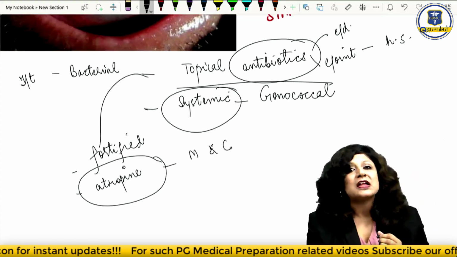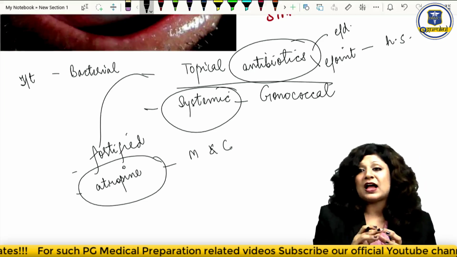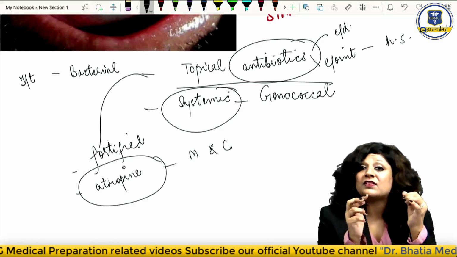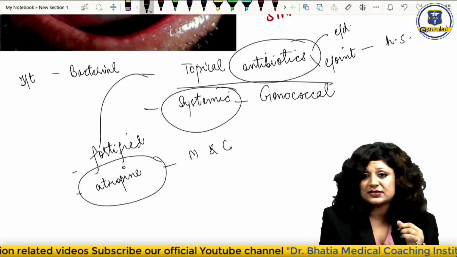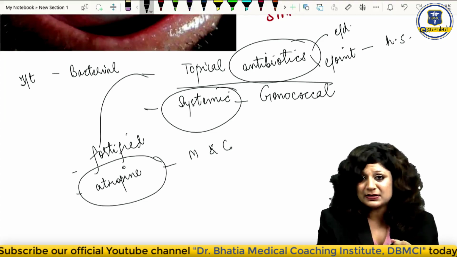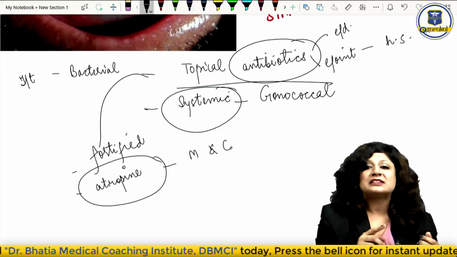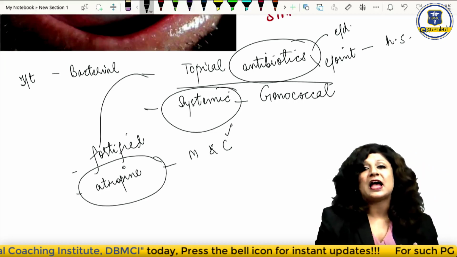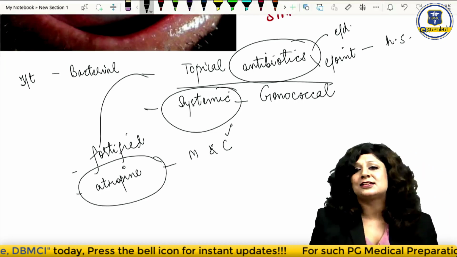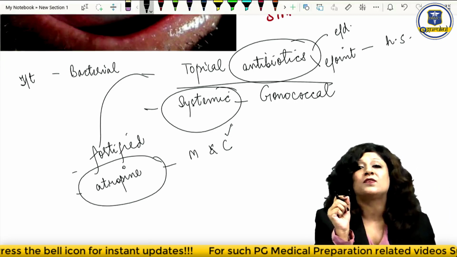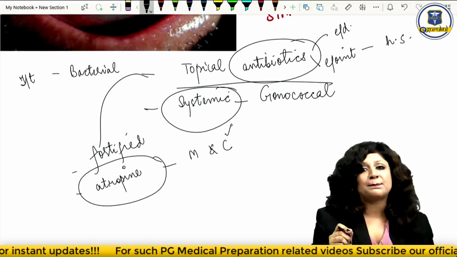When I am giving a mydriatic and cycloplegic, I am dilating the pupil, I am giving relaxation to the iris muscles, so I am relieving the ciliary muscle spasm, the pain, and the photophobia. Similarly, when I am giving a cycloplegic, I am directly paralyzing the ciliary muscle, and again I am giving rest to the muscles, I am relieving the pain.